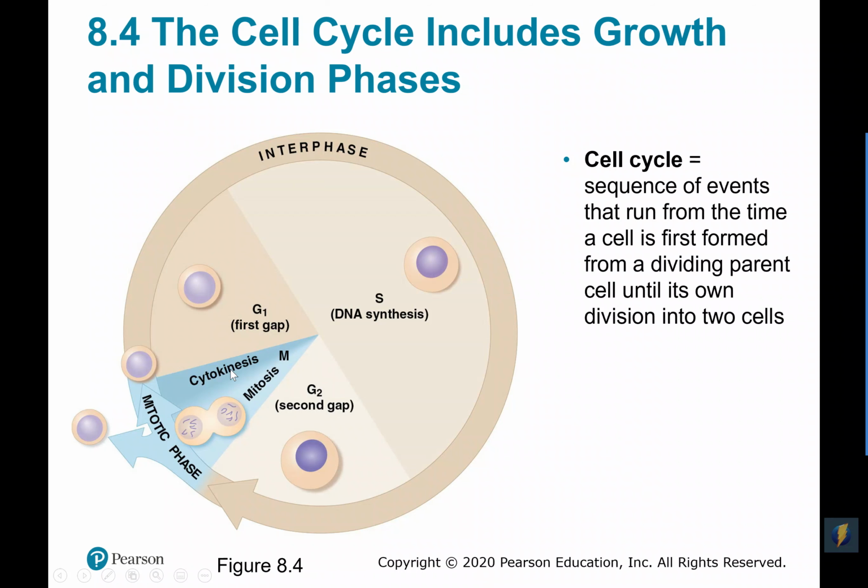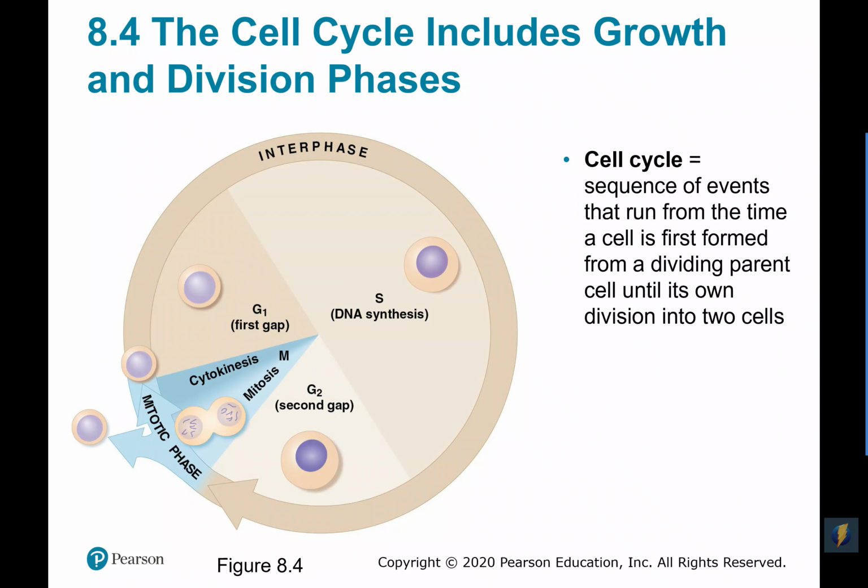So interphase begins with the G1 phase, which is sort of a growth phase. The cell makes all the proteins that it needs to make to do its job, and so on and so forth. During the S phase, S stands for synthesis. This is when the cell is doing its job, being a liver cell or a plant cell or whatever kind of cell it is.